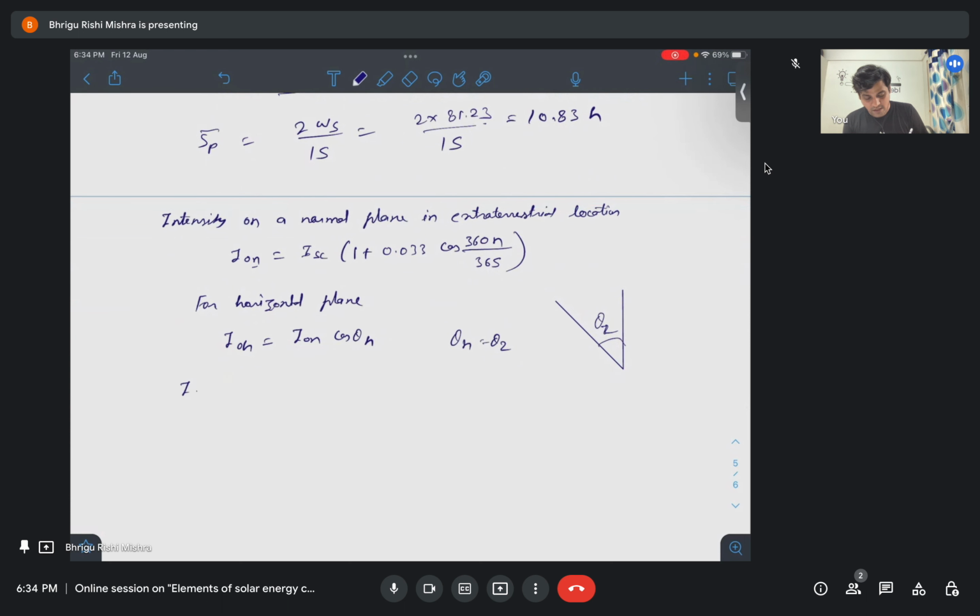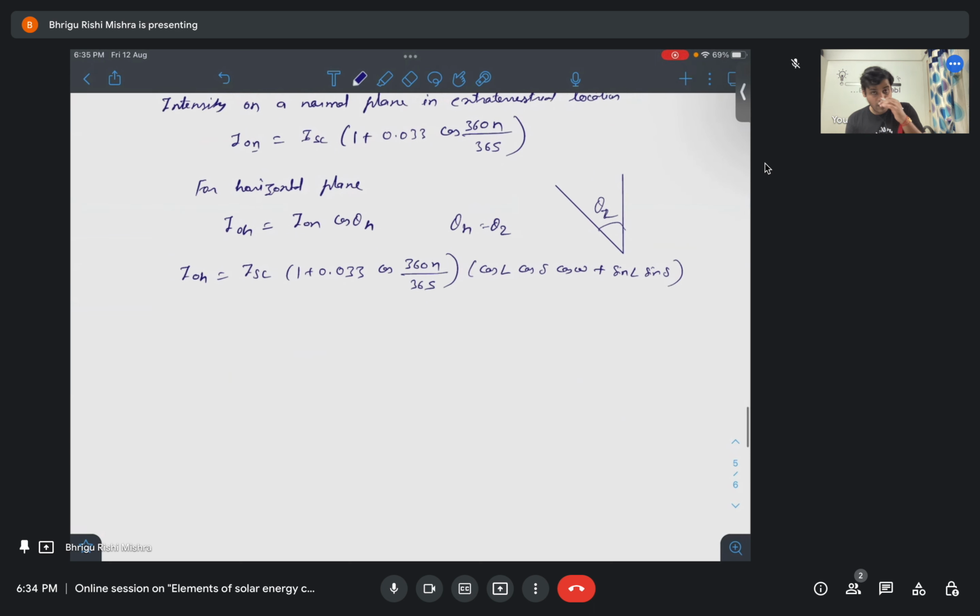So you can write I OH equals to I SC times 1 plus 0.033 cos 360n by 365, times cos theta z, and the formula for cos theta z is cos L cos delta cos omega plus sin L sin delta.